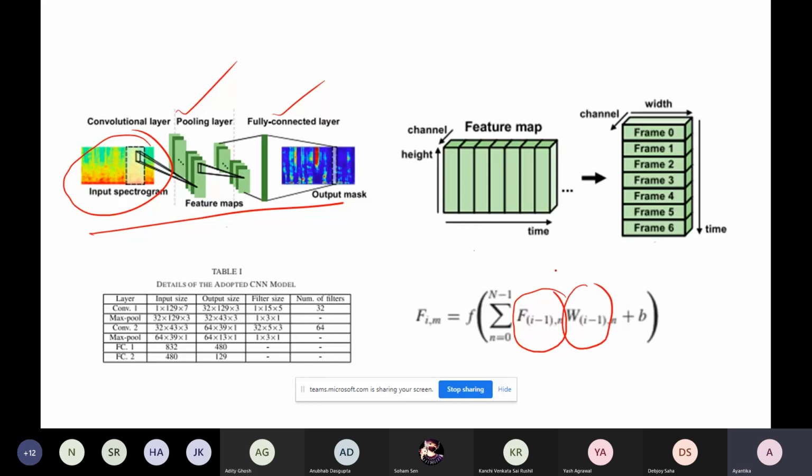We will have some weights coming from our filters, and we have to do multiplication operations with the feature values and the filter values. So we are just dividing this feature map into different frames.